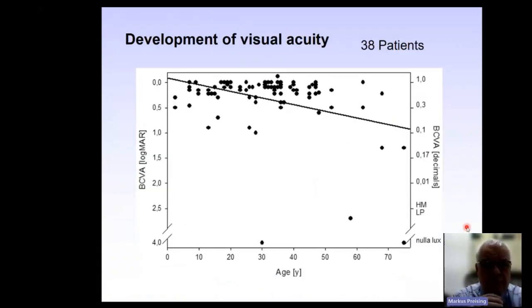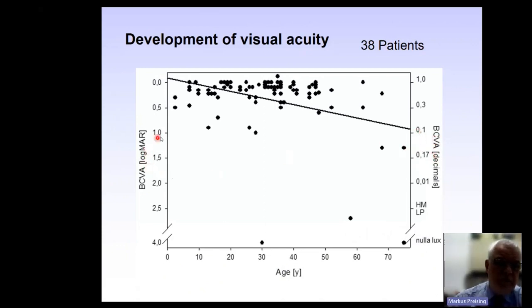Very important for the patients is the development of the visual acuity. As you can see here, this is a summary of 38 patients we have tested over several years, and you can see that the patients lose vision. This is in decimals.